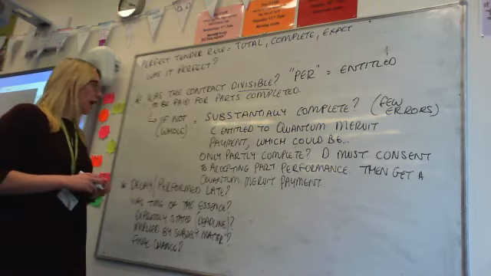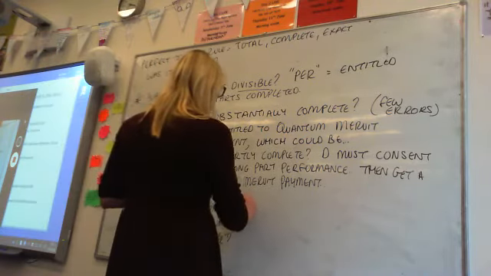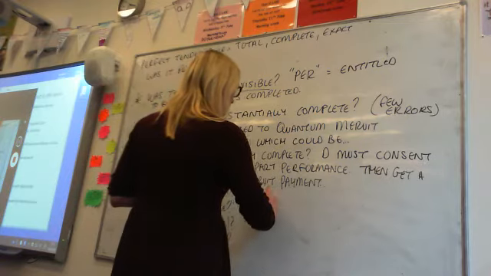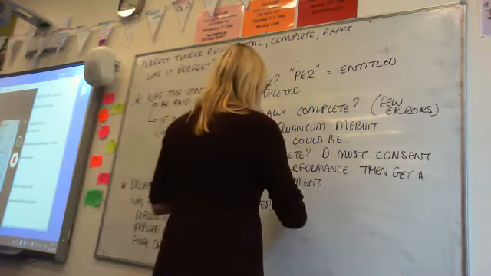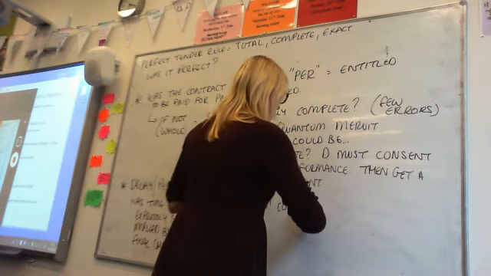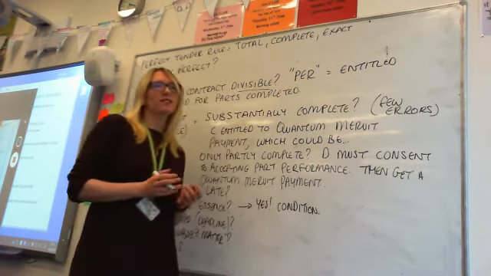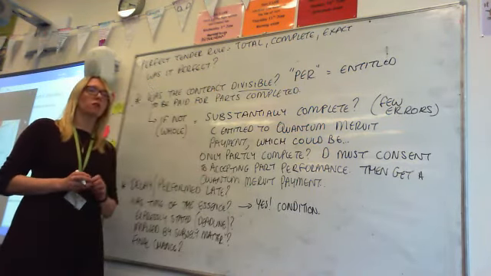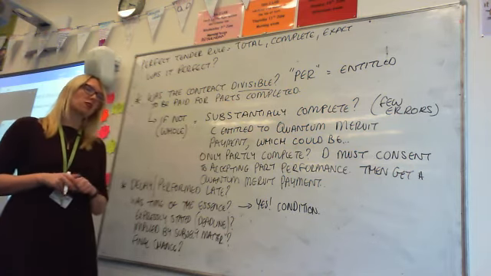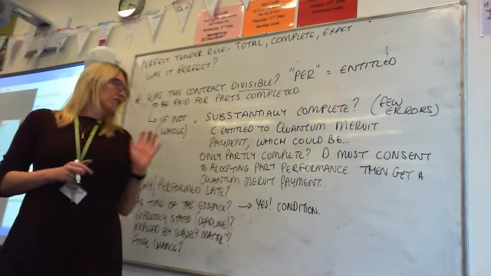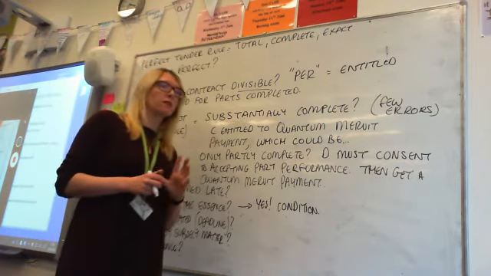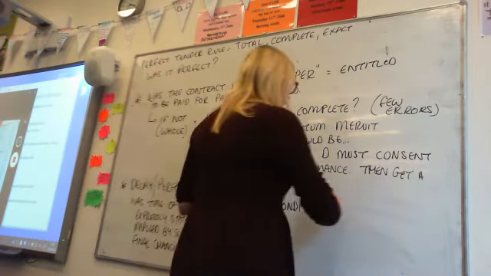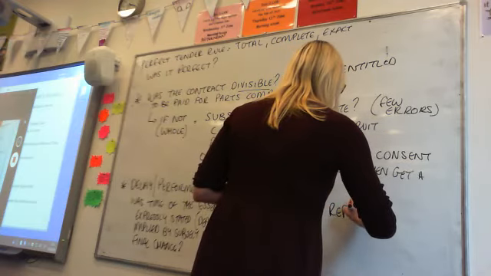Now, if time is of the essence, then it was a condition of the contract. It was central. It was really important. It goes to the root of the contract. And if it's not done on time, if there is a delay, even a delay of 10 minutes, then you're entitled to repudiate.